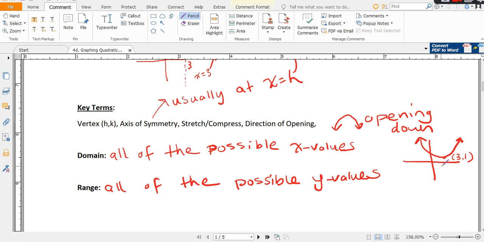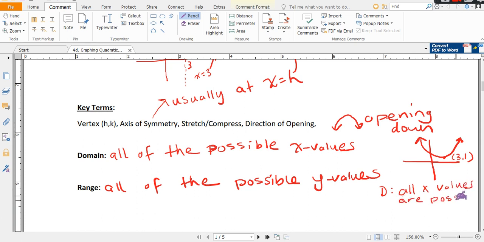So if I look at this, all the x values would go anywhere on the x-axis, because these arrows imply this goes on forever and ever, right? So what are all possible x values? All of them. So if I put D for domain, all x values are possible.